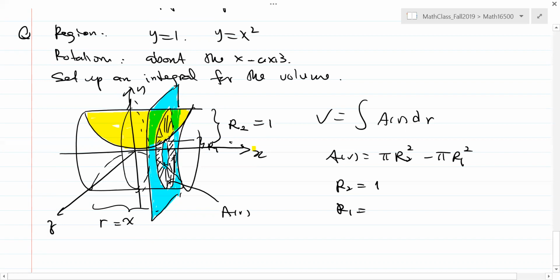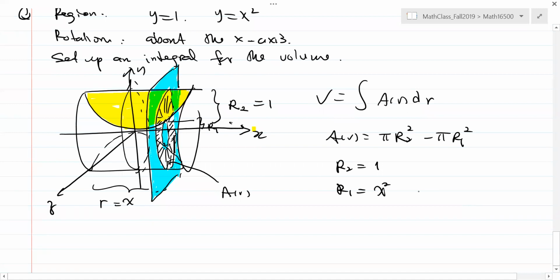For the fixed X, R1 is going to be X squared. So the volume is going to be the integral from 0 to 1 of pi 1 squared minus pi X squared, or R squared, it really doesn't matter.